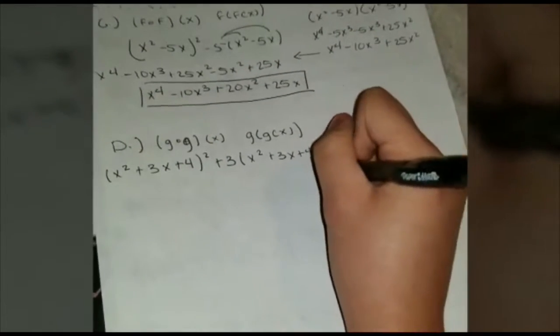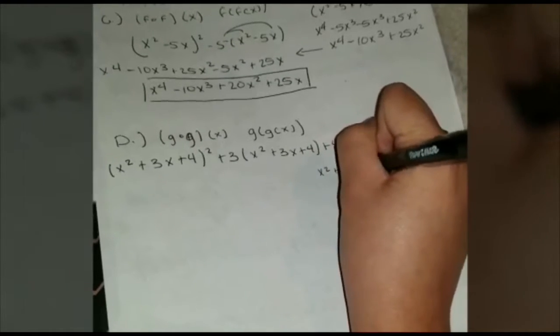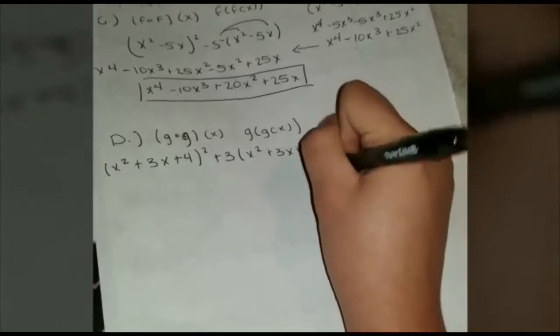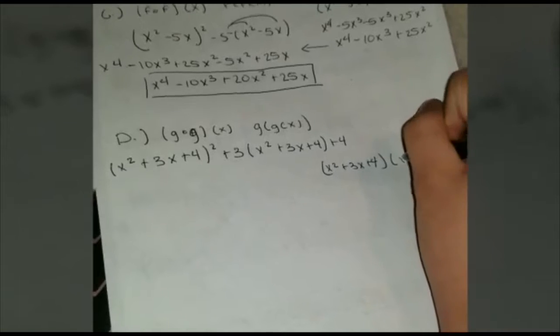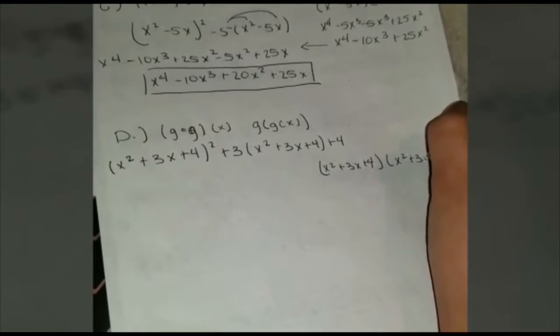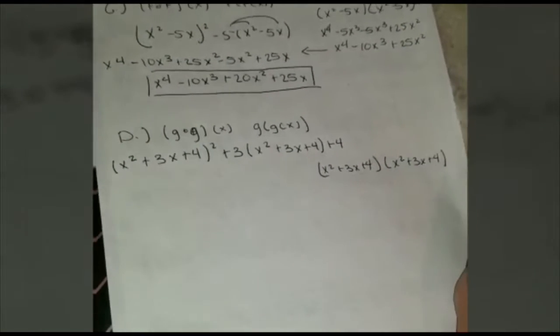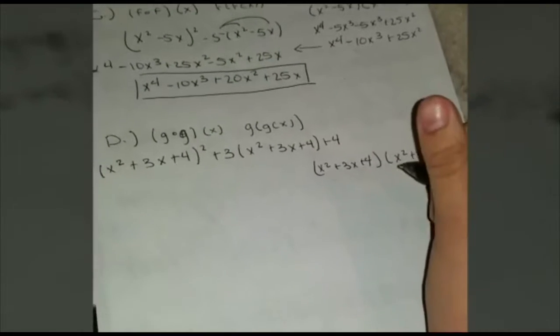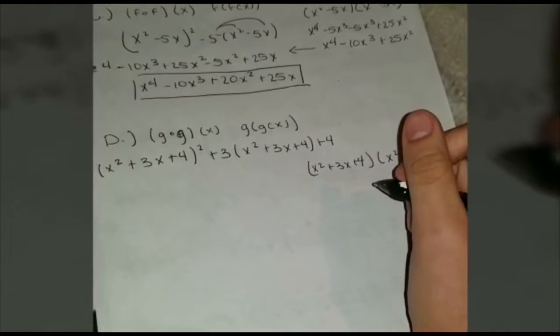As in part A, you already did the arithmetic for the FOIL method for that part. So you're just going to copy down what you did on part A. So it's going to be x squared plus 3x plus 4 times x squared plus 3x plus 4.